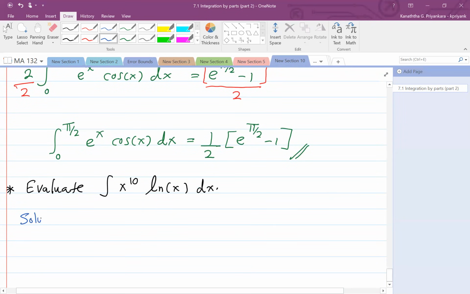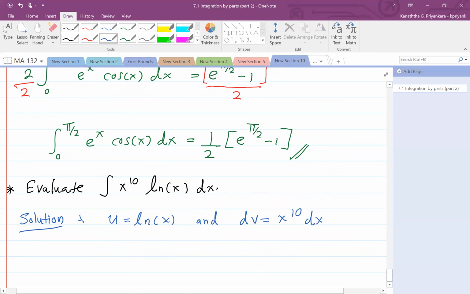So let's write down the solution. In this case, we will choose u as ln x because we don't know the antiderivative of ln x. That's why we will pick this as u. And dv is x to the power 10 dx.